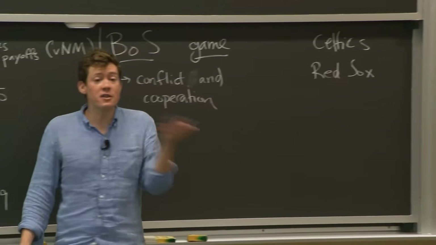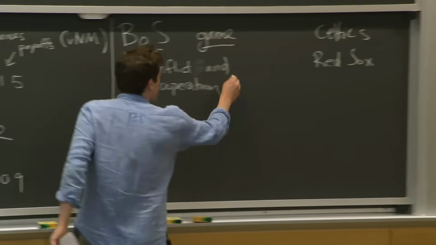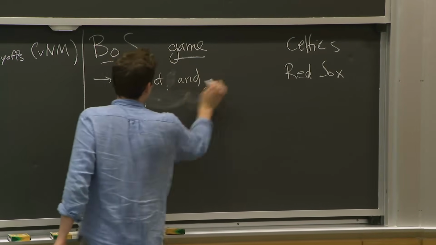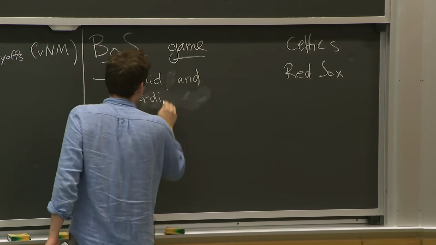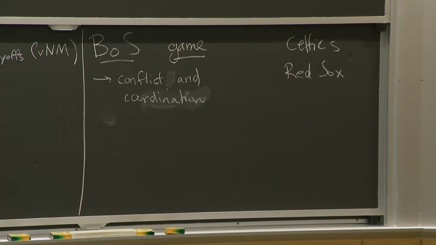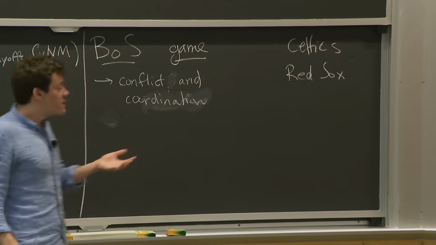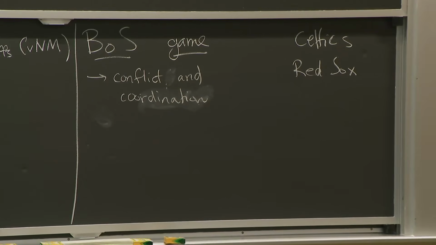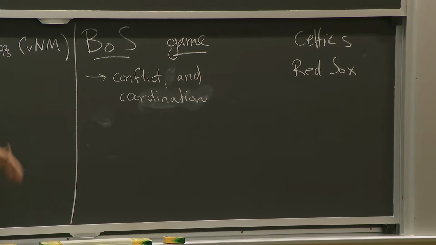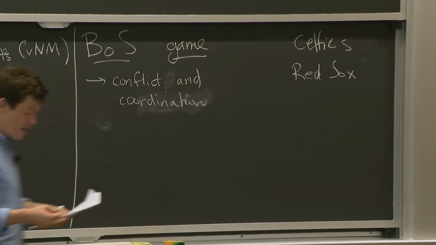So you have some conflict of interest between where you go. But you also have, and maybe cooperation or coordination is a better term, let me say coordination. There's also a coordination aspect to it because you'd like to go to the same activity. You'd like to be at the same place. And this combination of conflict and coordination is present in a lot of situations far beyond this very simple game.